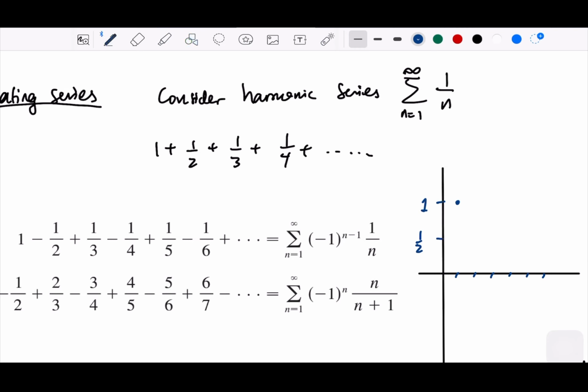And if we increase, 1 over 3 is maybe around here, and 4 maybe around here. We see how it looks as we increase more and more. It's going here, perhaps it's going to be near one value.